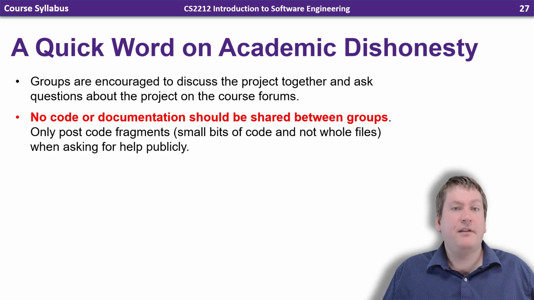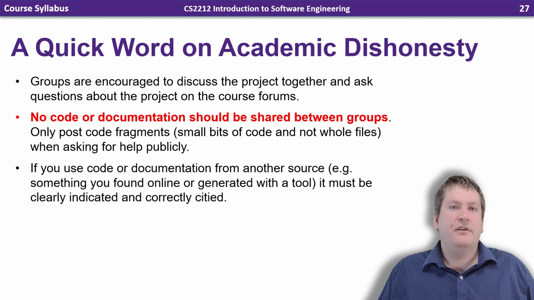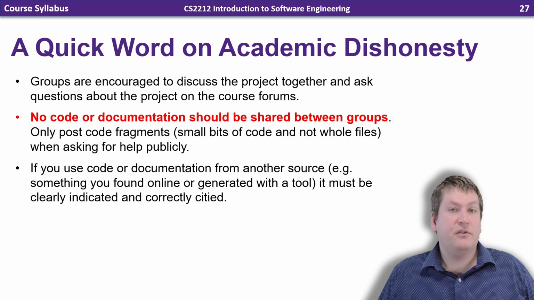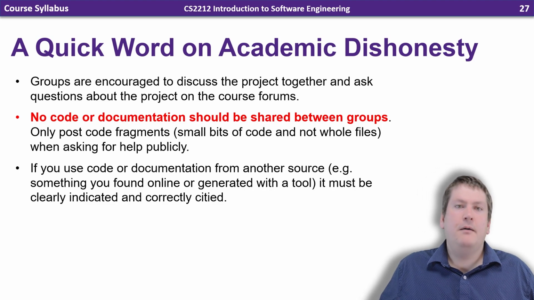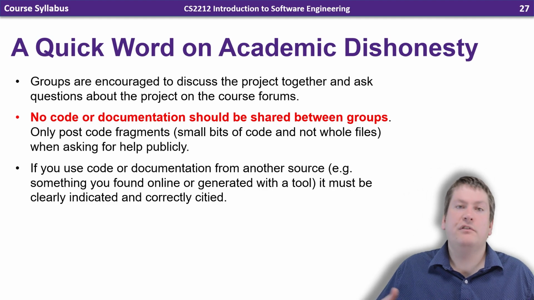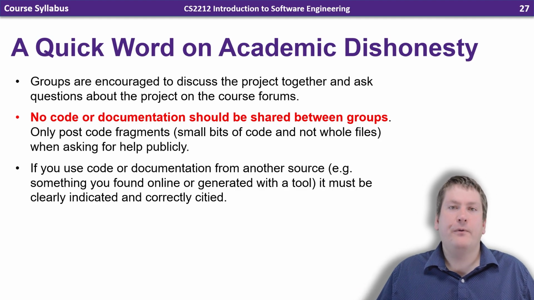Every group should be somewhat distinct from the others in the work they submit. If you use code or documentation from another source, that is allowed in this course if it's reasonable. For example, something you find online or something you generated with a tool must be clearly indicated and correctly cited. Let's say you use the GUI builder from an IDE to help you build the GUI for your project.